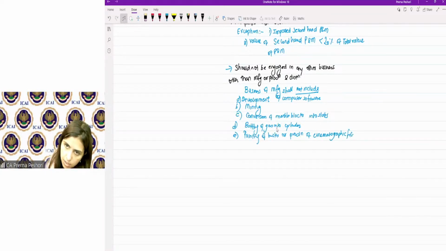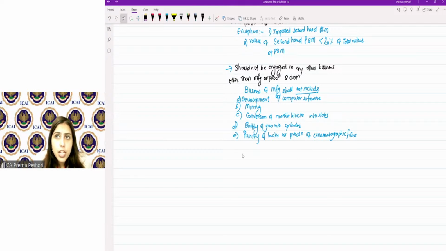So these are not considered as manufacturing operations by the government. Therefore, these are excluded. Are we clear? So these are excluded. Fine.